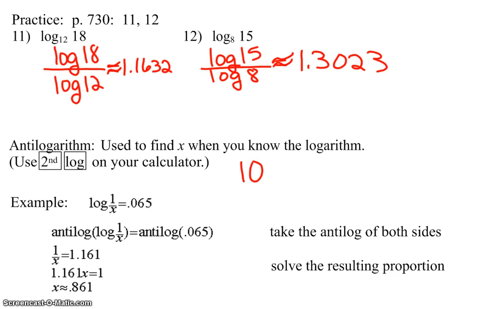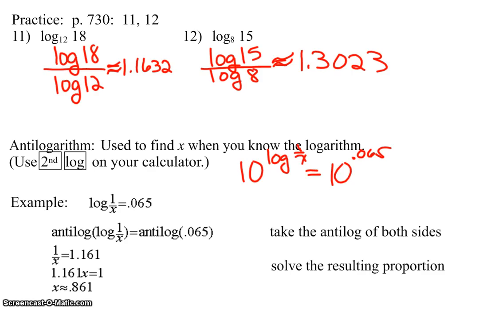So it's basically saying 10 to the log of 1 over x equals 10 to the 0.065. That's essentially what it's doing, because the inverse of taking a logarithm is to raise 10 to that power. So we started with the problem, log of 1 over x equals 0.65.